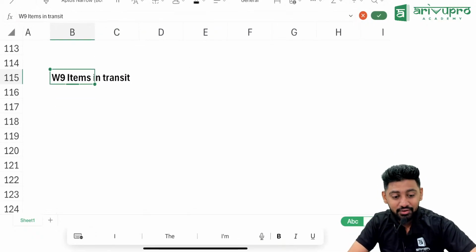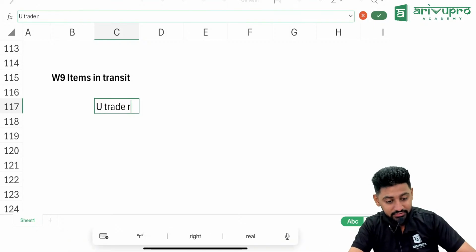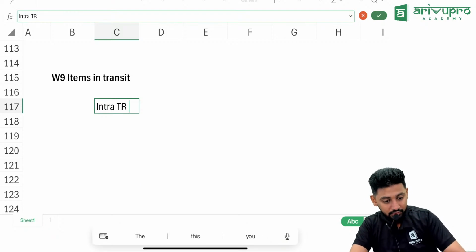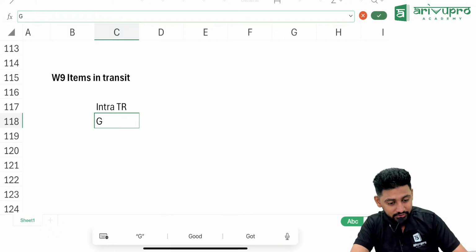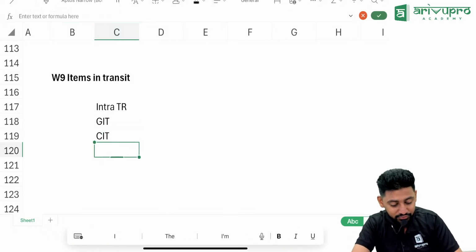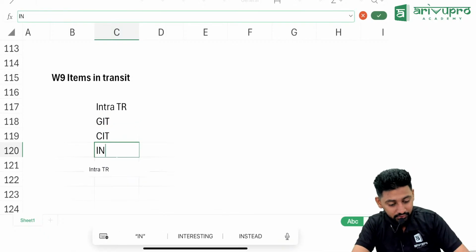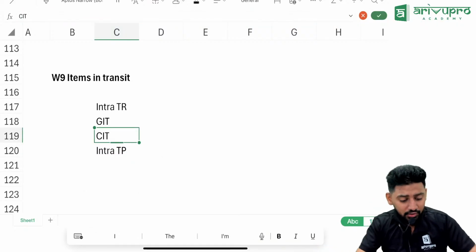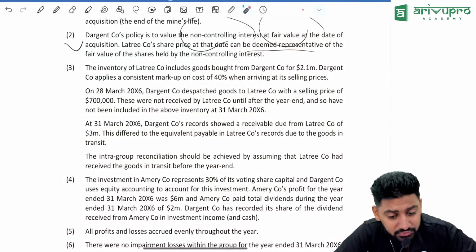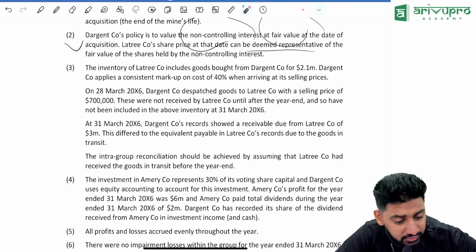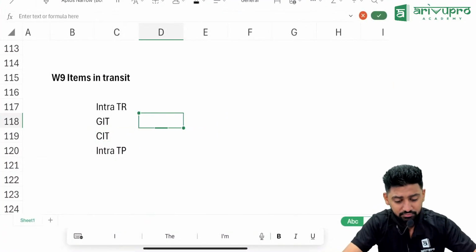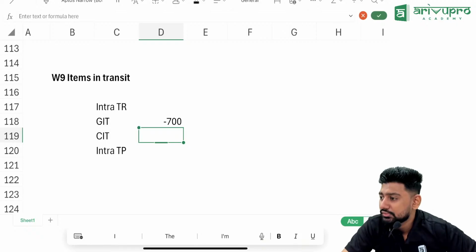Did I give you a formula? Intergroup trade receivables minus GIT minus CIT gives you intergroup trade payables. There you go. And they say goods in transit is how much? 700,000. So 700, what are you going to do? Goods in transit minus 700. Fill in the blanks.